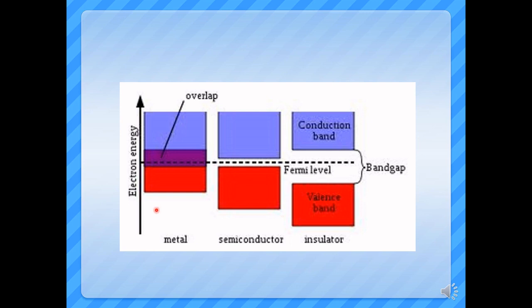But when we move on to metals, the energy gap between the valence band and conduction band is zero. In fact, the valence band and conduction band may overlap with each other.